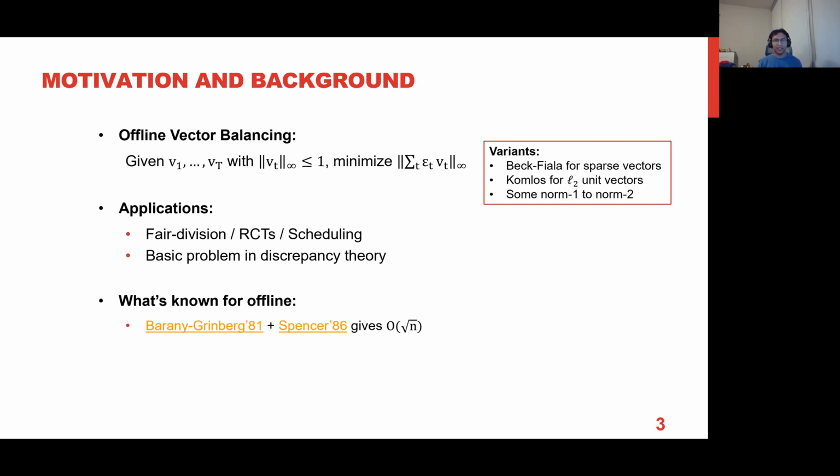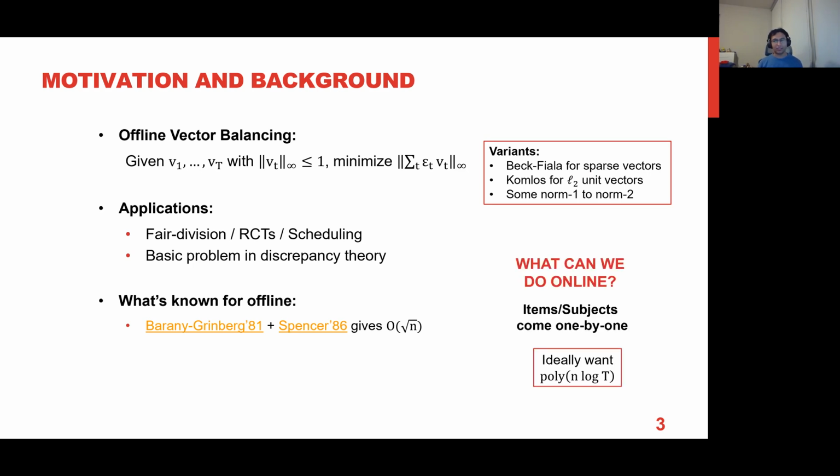For the offline problem, where you know all these vectors, there are some classical results which imply a square root n bound on the discrepancy. Notice n is very small, just the number of dimensions, like 5 or 10. So this is a very strong bound, and it's also known that you cannot hope to do better than square root n, as there are Omega square root n lower bounds as well. So the offline problem in this setting is pretty well understood.